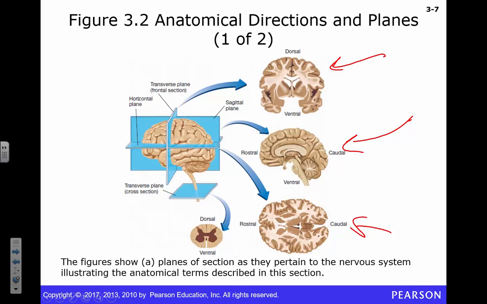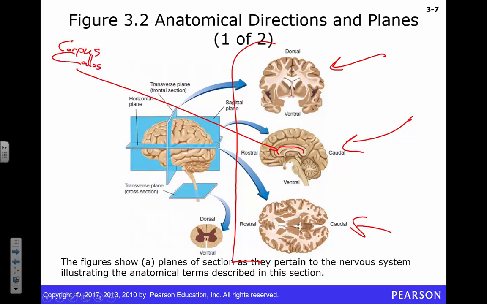If you notice, the brain looks completely different in all three of those views, and that's kind of important. You can see different structures in different ways. This right here is called the corpus callosum. Very important for connecting the left hemisphere to the right hemisphere, so it keeps you from walking in circles.